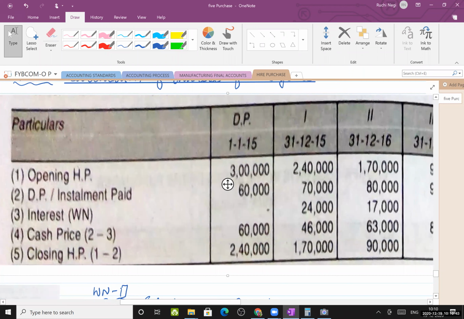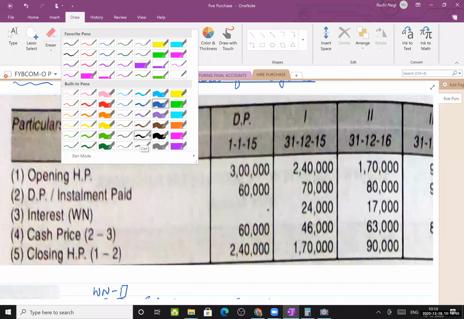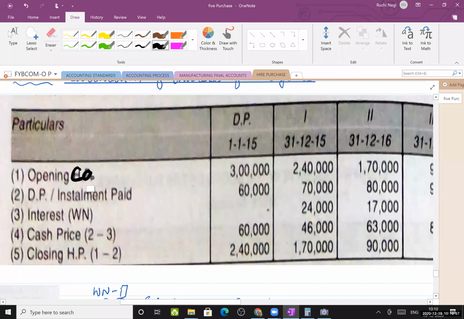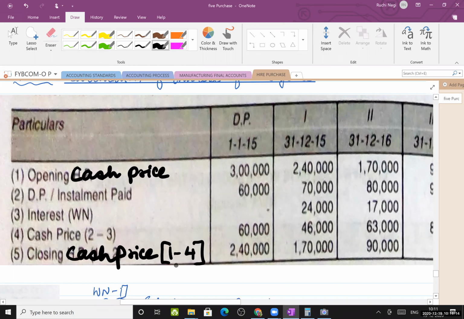Opening cash price. And this is closing cash price. ठीक है, ओपनिंग कैश प्राइस कितना है?